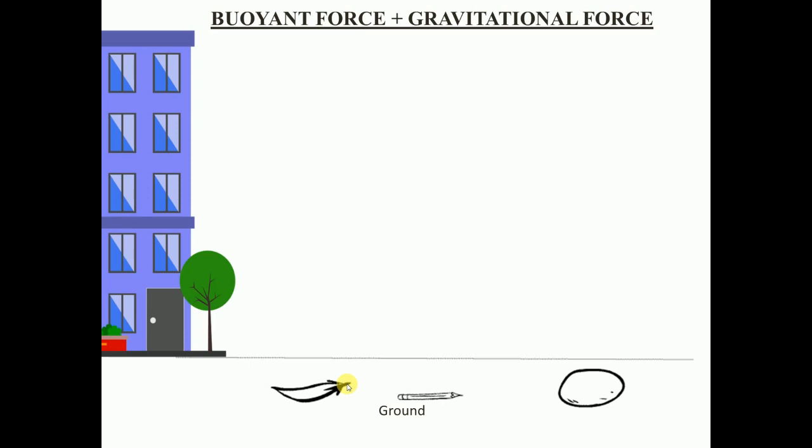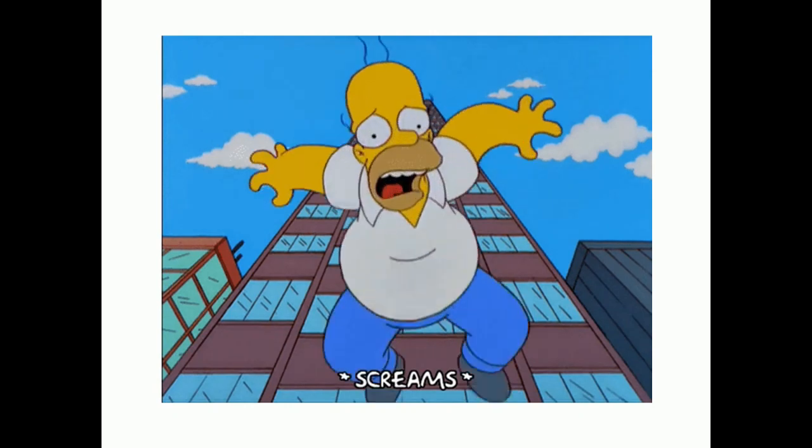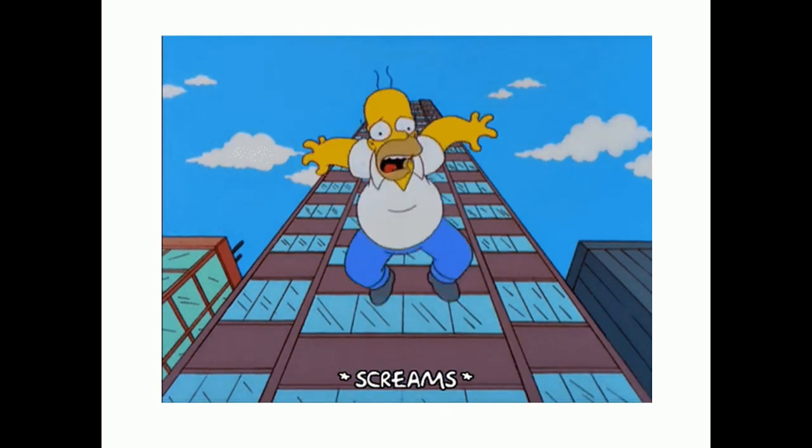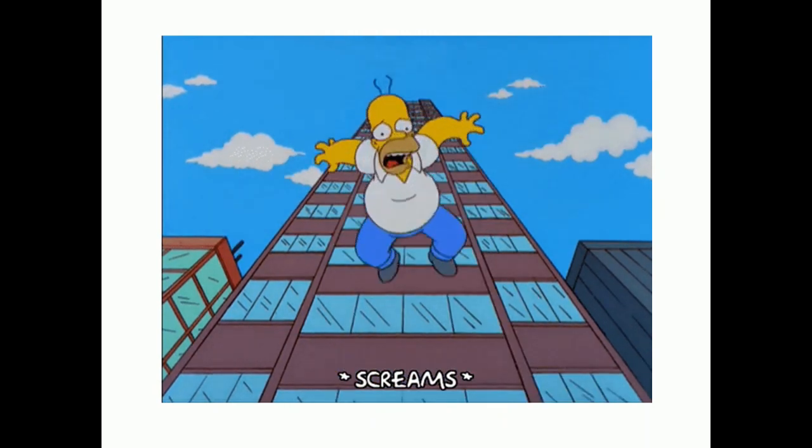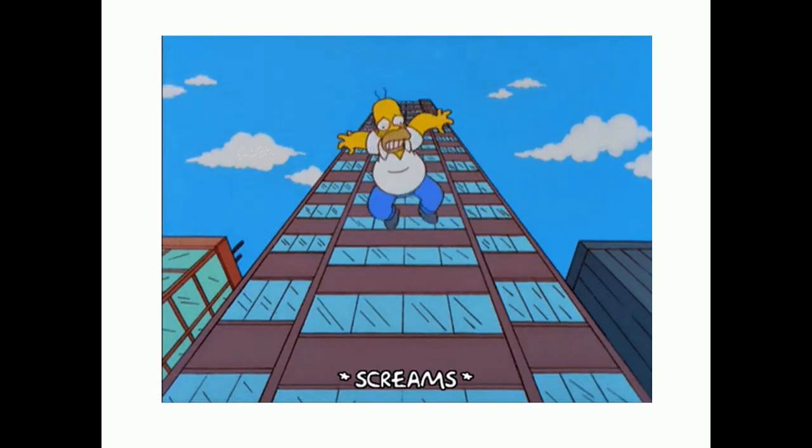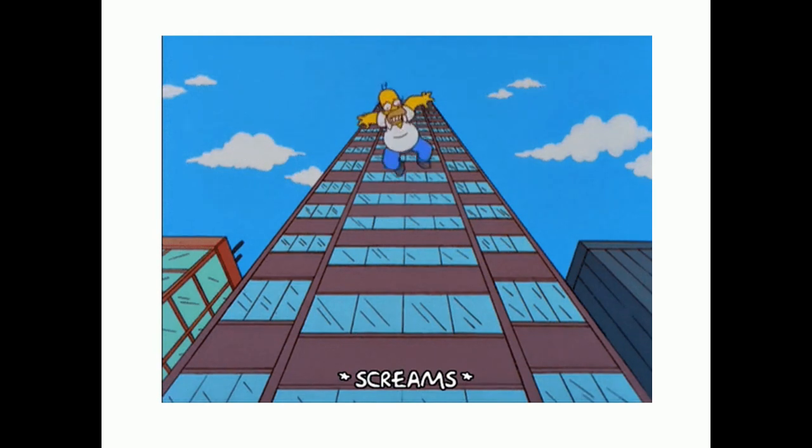Now we are going to see one more example: if you happen to fall from the height of a building, due to your heavier weight you fall directly on the ground, and the force you feel from the air is very less.